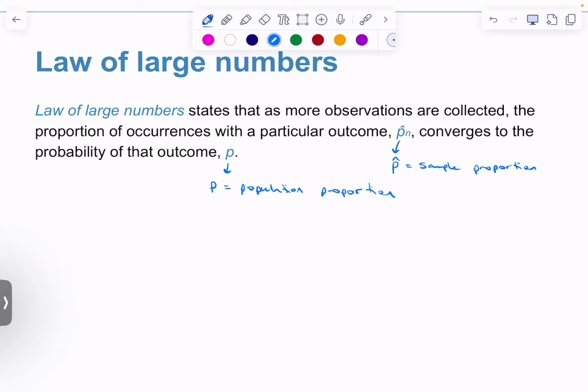And for proportions, we have the same symmetry. Remember, for parameters, we tend to use Greek letters, mu, sigma, sigma squared.